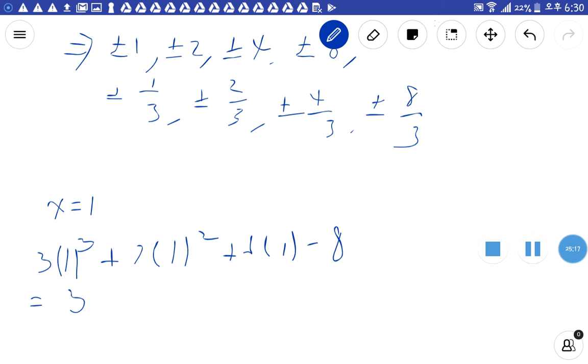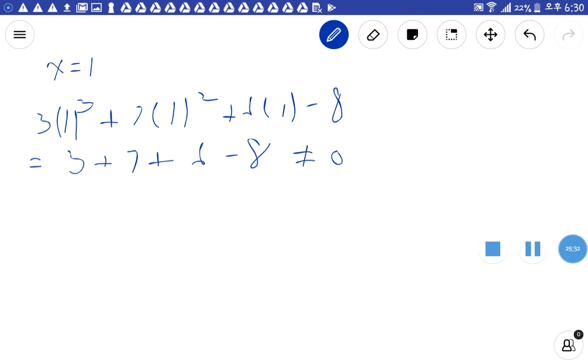There would be 3, there will be 7, there will be 6, minus 8. Do you think there will be 0? Nope. So you don't really have to calculate fully, you just check whether it's gonna be 0 or not.